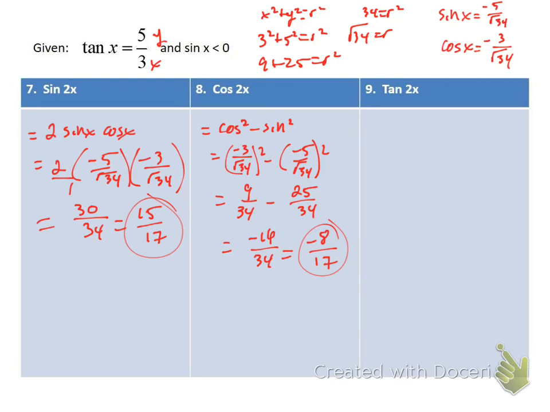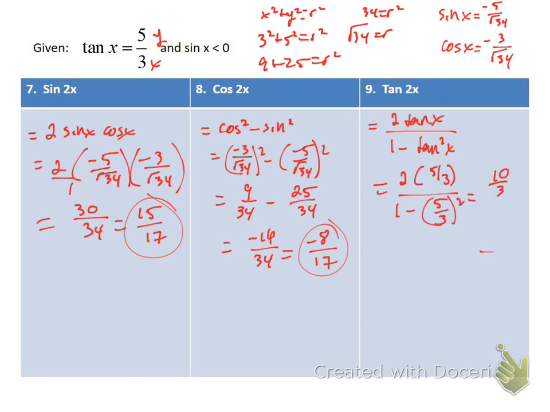And then tangent. Tangent is 2 times tangent of the angle over 1 minus tangent squared. Tangent was given to us, so tangent is 5 over 3. We take 2 times 5 over 3 over 1 minus 5 over 3 squared.